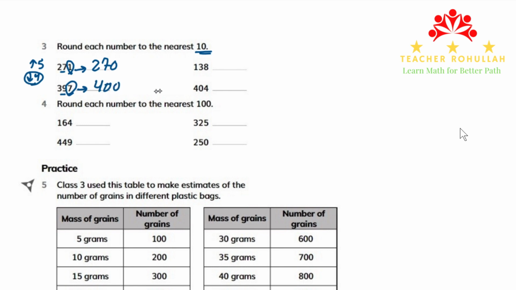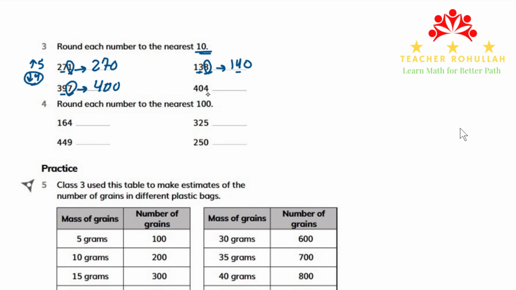The third number is 138. Again, we underline the digit in the tens place and circle the digit in the ones place. Seeing that 8 is 5 or more, we increase the underlined digit by 1. So the rounded number is 140. 3 is increased by 1, so we got 4 in the tens place.